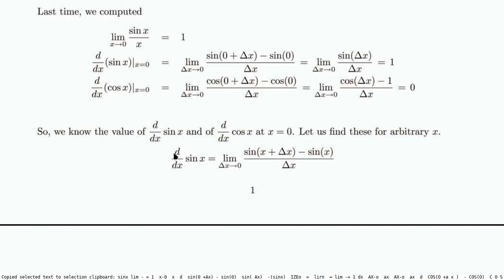Now for any arbitrary x, you write down the limit expression of the derivative: the limit of sine of x plus delta x minus sine of x over delta x as delta x approaches 0.